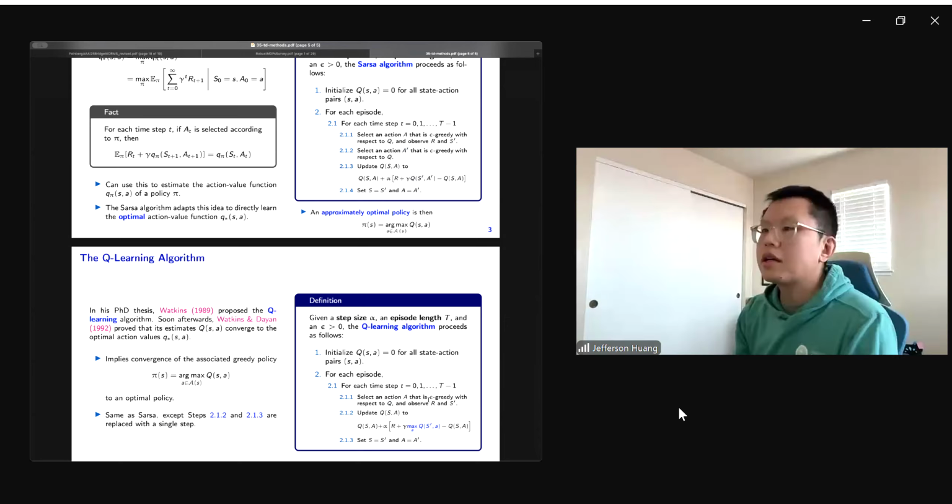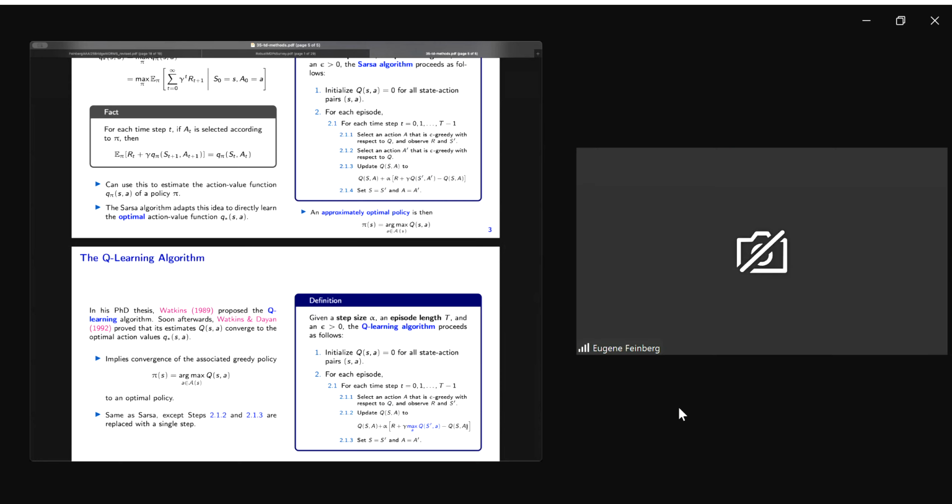Yes, that's the difference. It's in that sense that SARSA is sometimes referred to as an on-policy algorithm and Q-learning as off-policy, because you're not selecting actions according to the same policy.